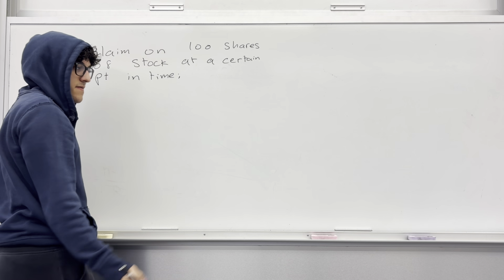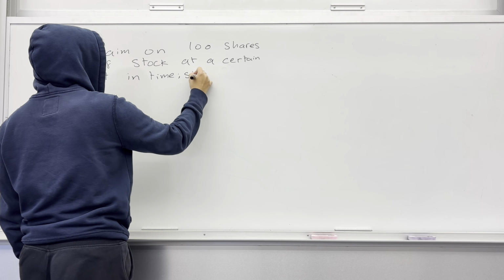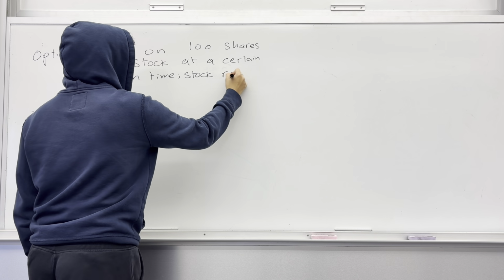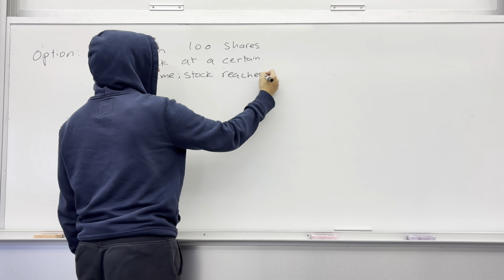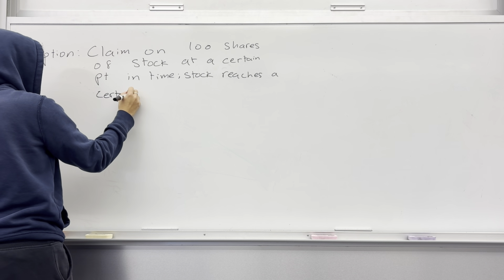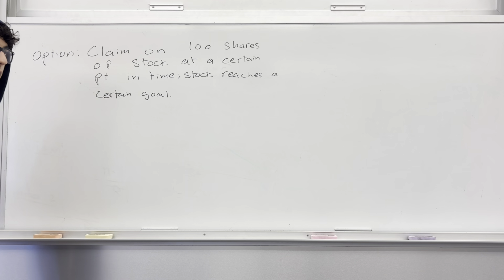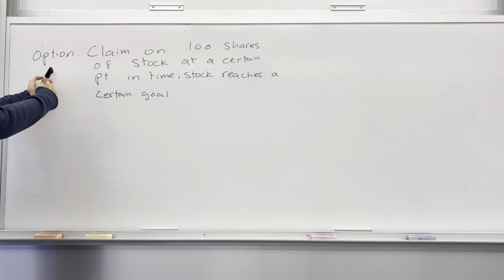This is only if the stock reaches a certain goal. So you don't have to buy an option if it's below. It's the ability to buy. An option is the option to buy.